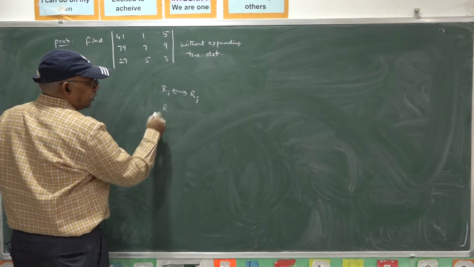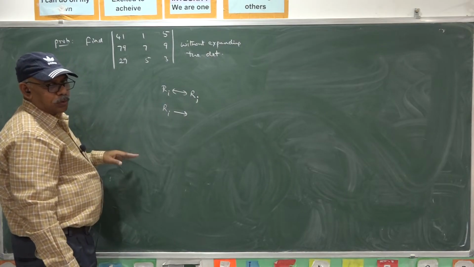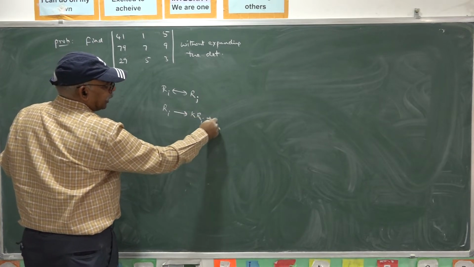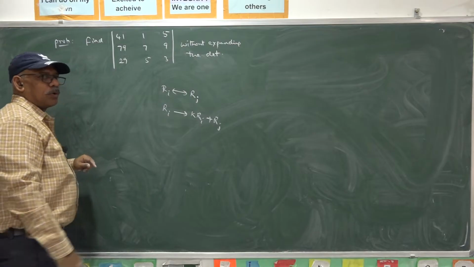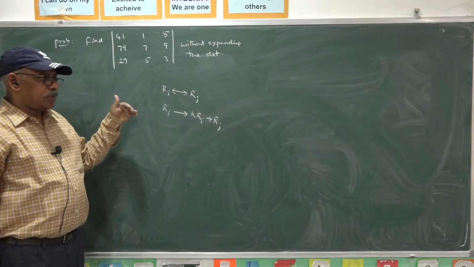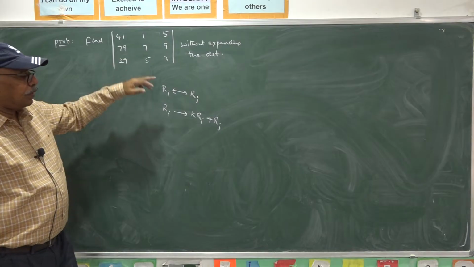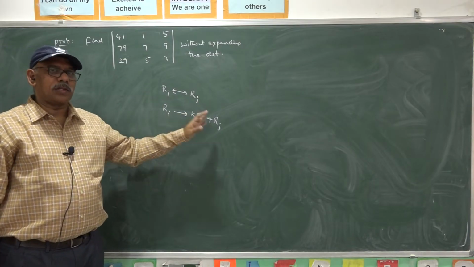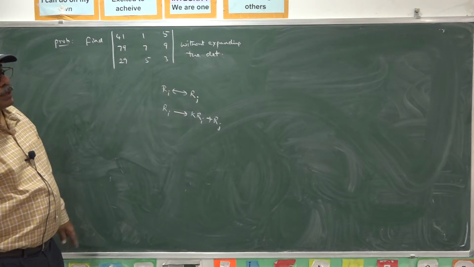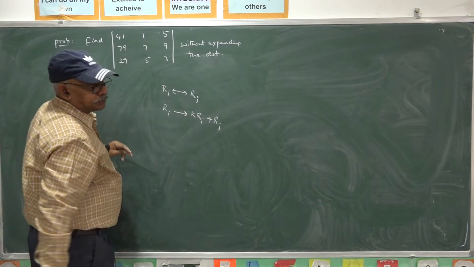And you can multiply the elements of a row, the ith row, with a constant, and add to the corresponding elements of some other row. Once you multiply the elements of a row in the determinant with a constant, and add or subtract to the corresponding elements of another row, there is no change in the determinant value.